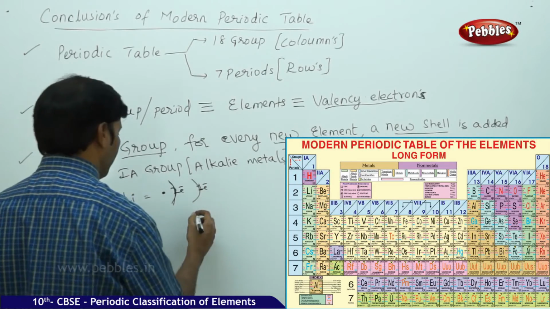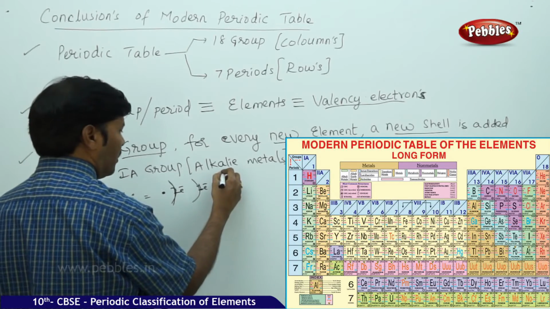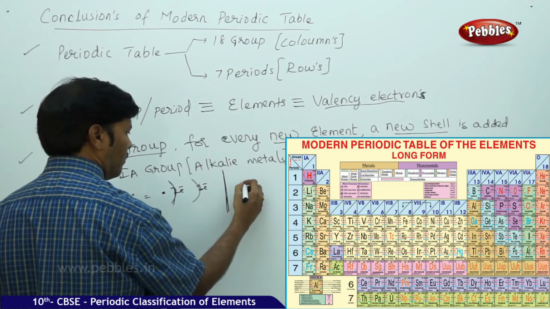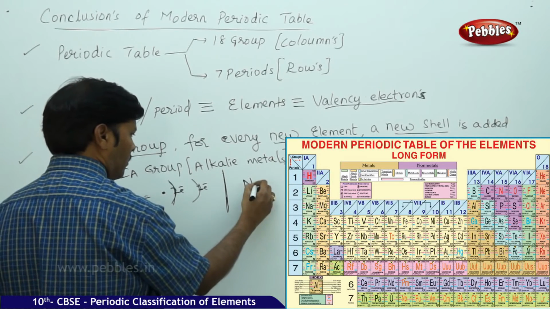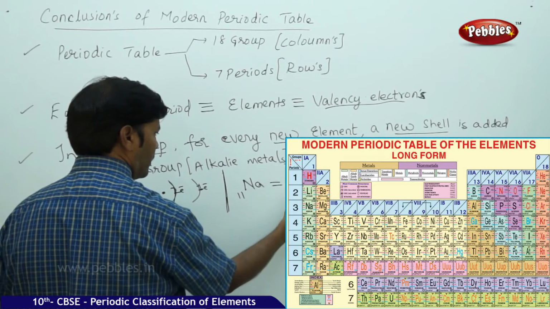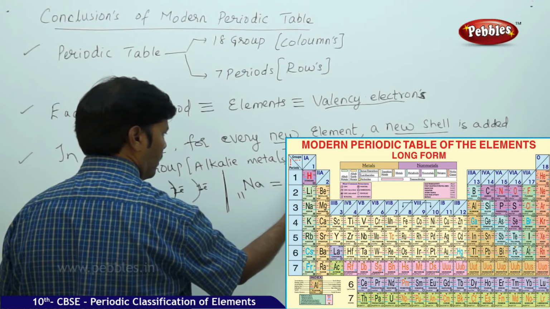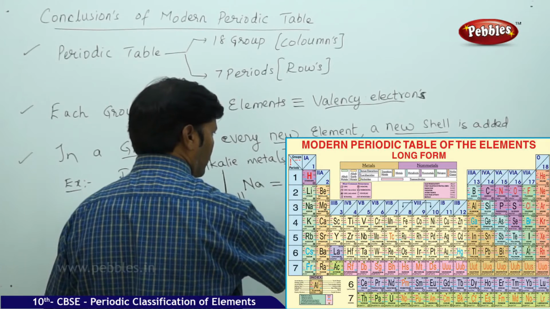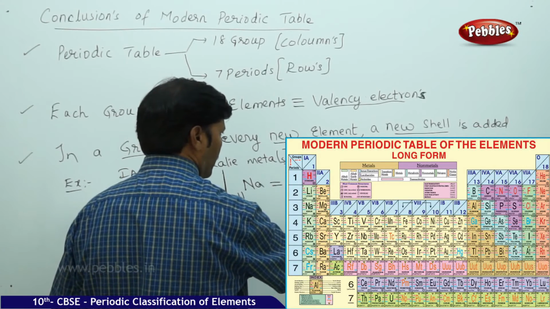Go for sodium, atomic number 11: nucleus, first shell 2 electrons, second shell 8 electrons, and next shell 1 electron.